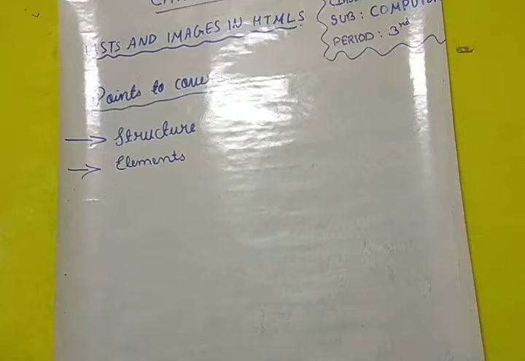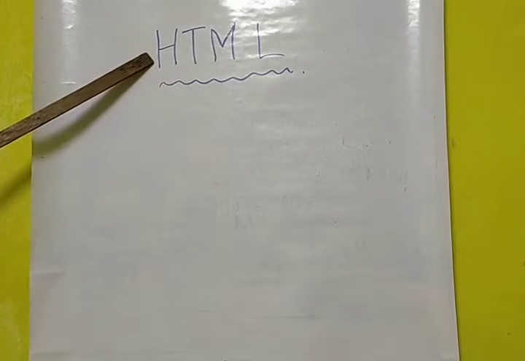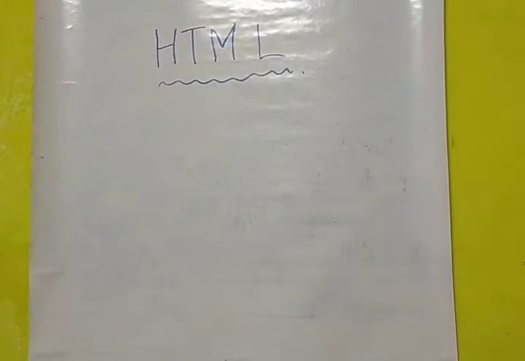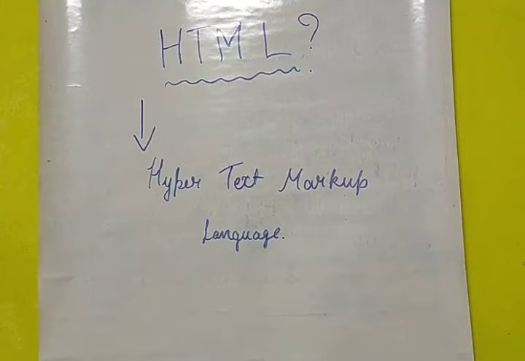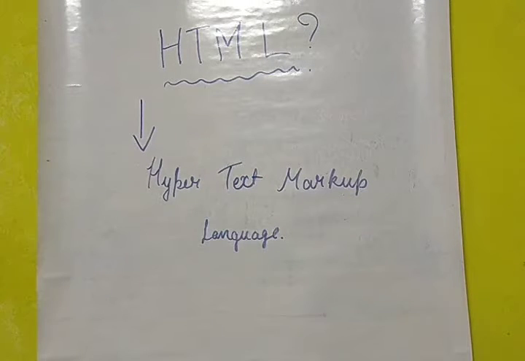Let's know something about HTML. I think you have studied about HTML in your previous class also. So could you tell what is HTML actually? HTML stands for Hypertext Markup Language. And you can see language.